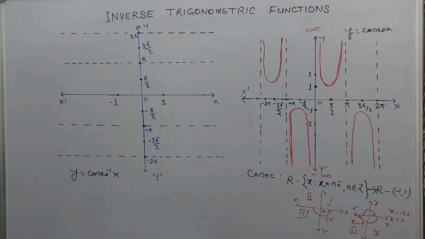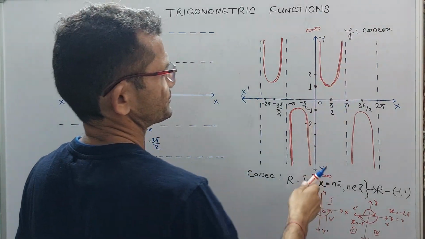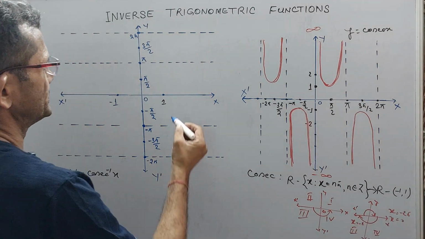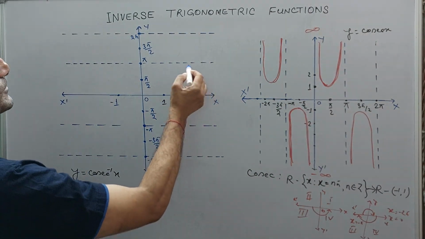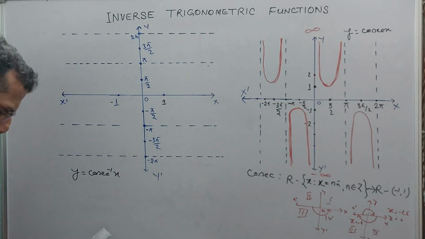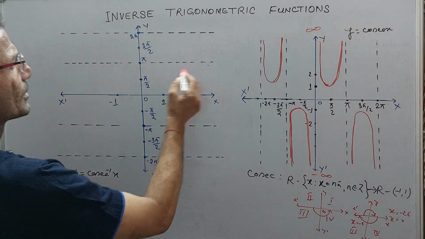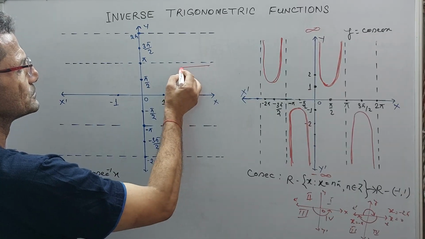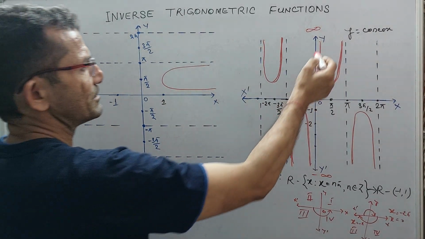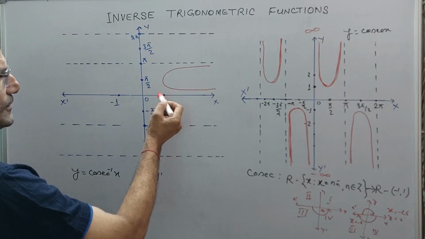And now the corresponding graph of this one in cosec x will be this one.